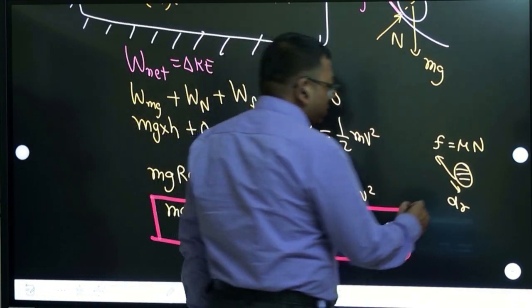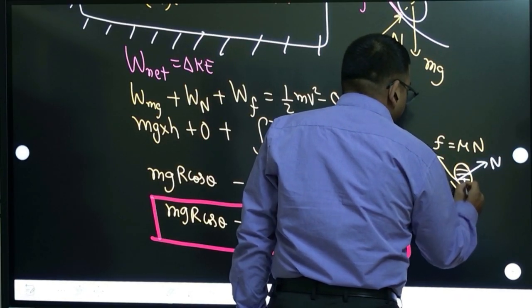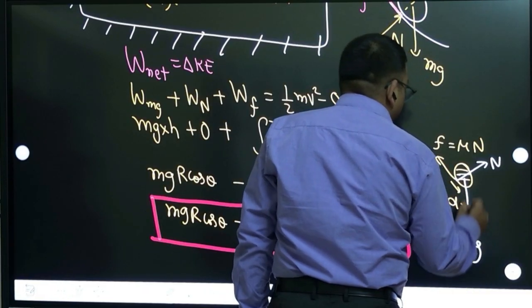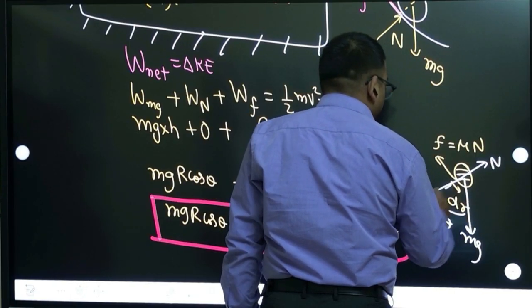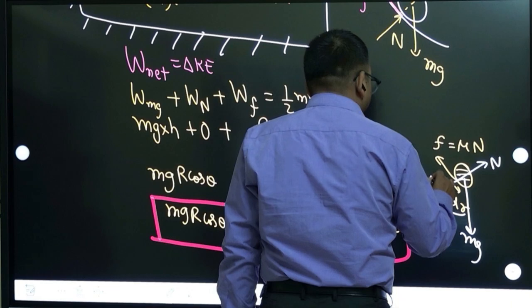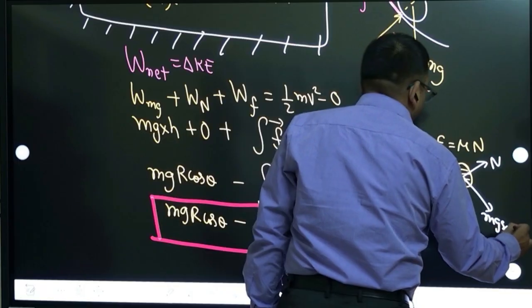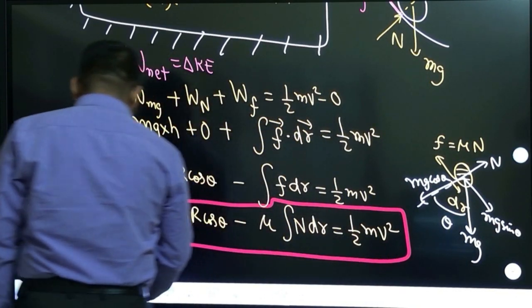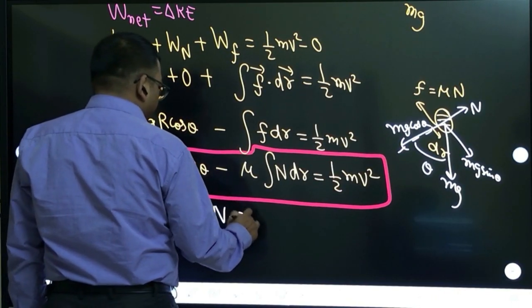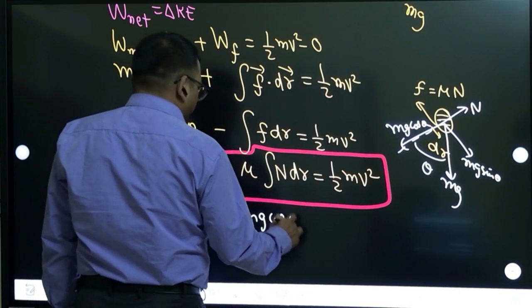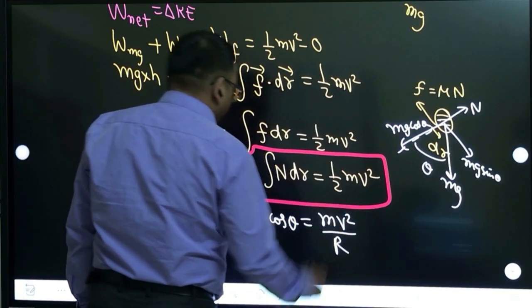If you see the normal, I am writing it this way, and mg is acting downward, you know that. This angle with the vertical is theta. So in the resolution of mg, this is mg cos theta, and that is mg sin theta. The net force toward the center is normal minus mg cos theta, which is the centripetal force mv square by radius.